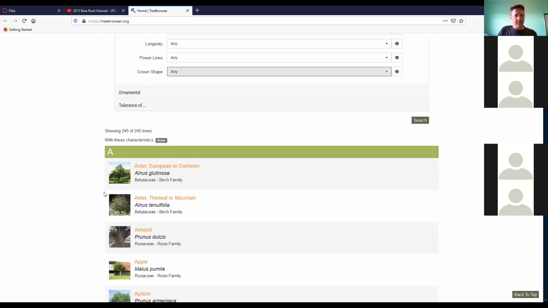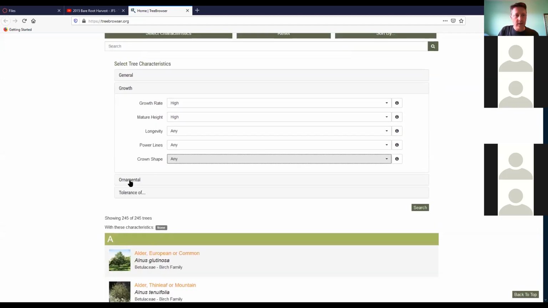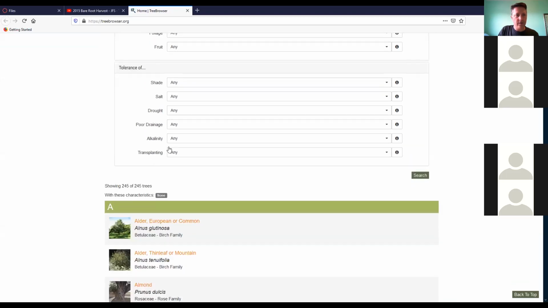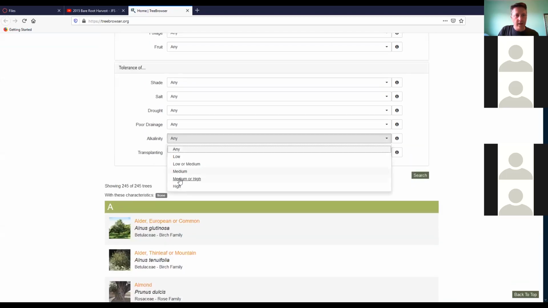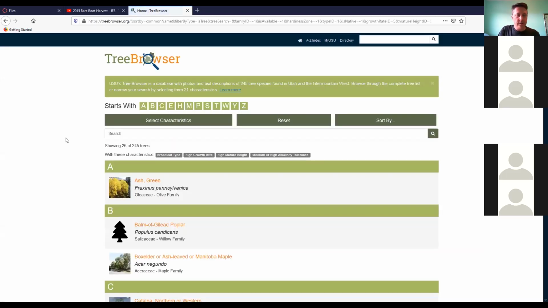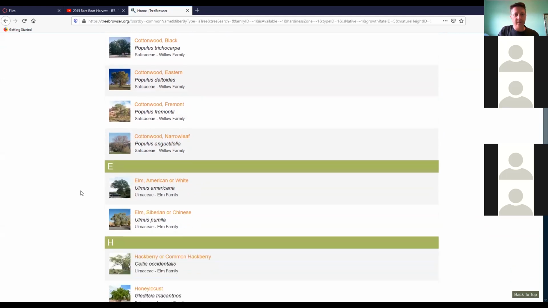Then let's change this to tolerant of alkalinity, medium to high, and click search. You can see that it got the list of 245 trees down to 26 trees that meet that criteria. Then we can go through that list, and it gives us more of a working list.